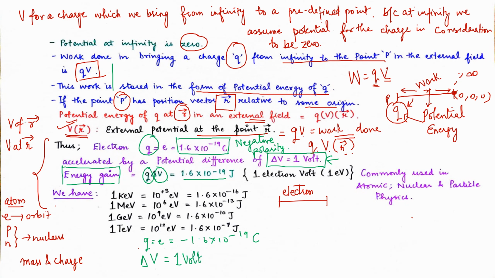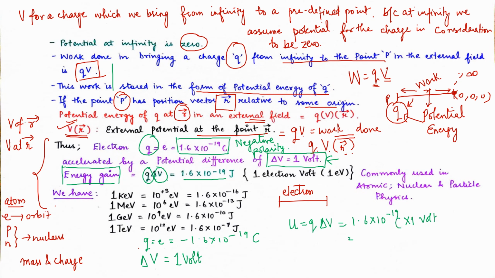Now we know that to understand the amount of energy stored, we multiply charge with the potential. It will be 1.6 into 10 to the power minus 19 into 1 volt. This is in coulombs, this is in volt.